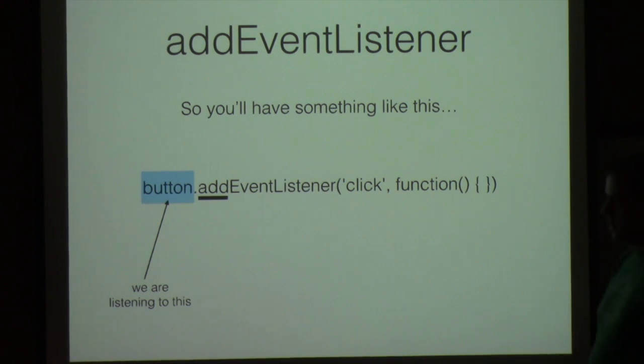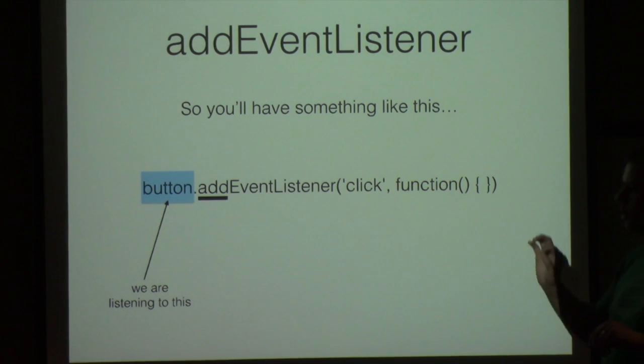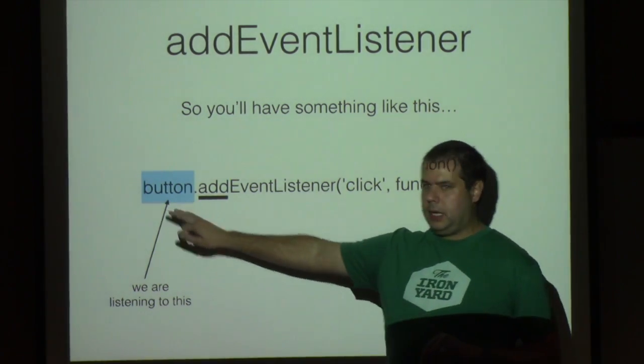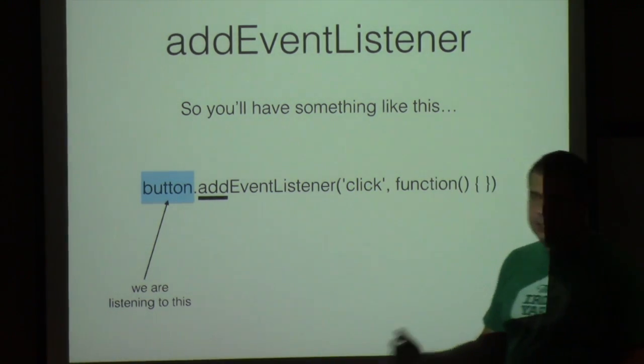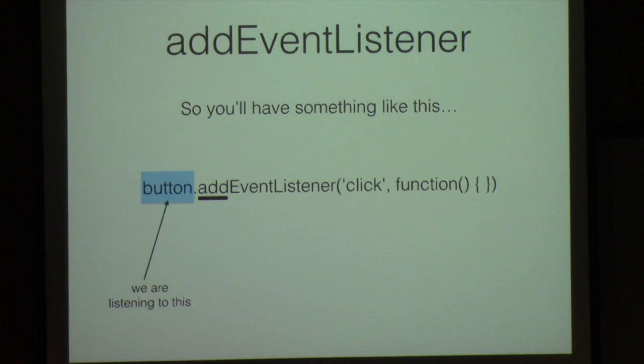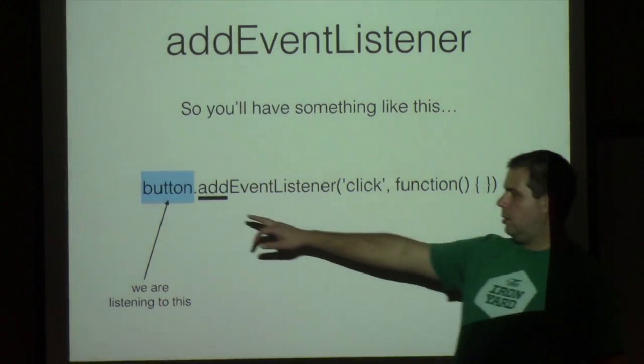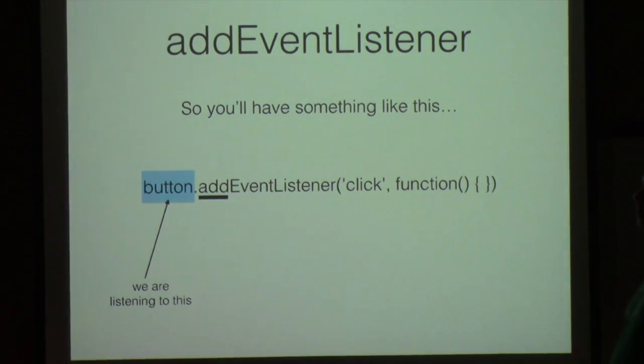So let's look at this, because you've got to understand this if you want to do JavaScript programming with events. The thing you're listening to is a DOM element. It could actually be the whole window, if you want to listen to something that happens on the whole window. Or the body element, or a div inside it, or a button, or whatever. So you can listen to any of those things. This right here is what you're listening to. Then you're going to add an event listener.